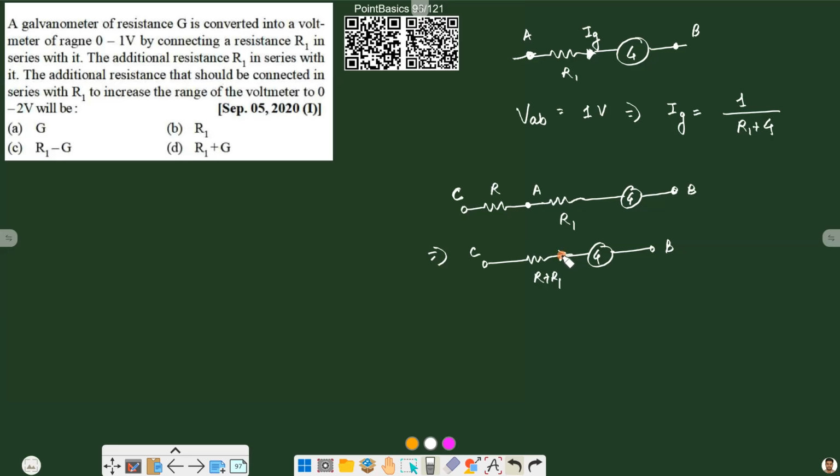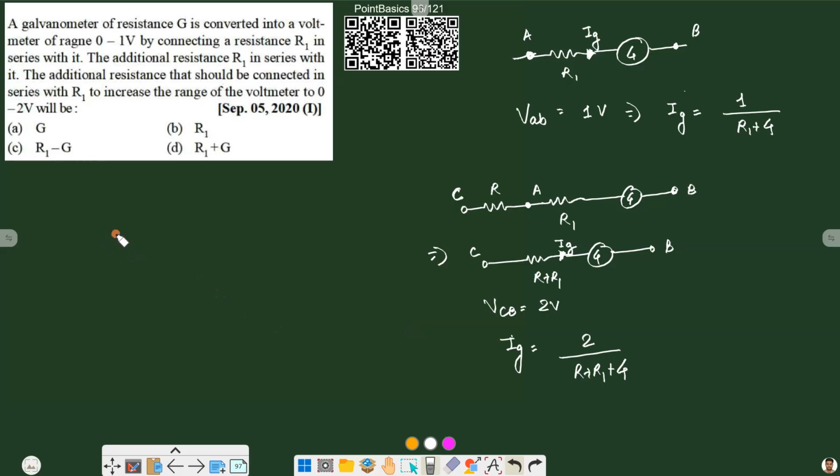Now this system should be able to measure up to 2 volts. The current will stay constant because the galvanometer's current cannot exceed its maximum value, and VCB is given to be 2 volts. So Ig now comes out to be 2 by R plus R1 plus G. This value and the earlier value should be equal.